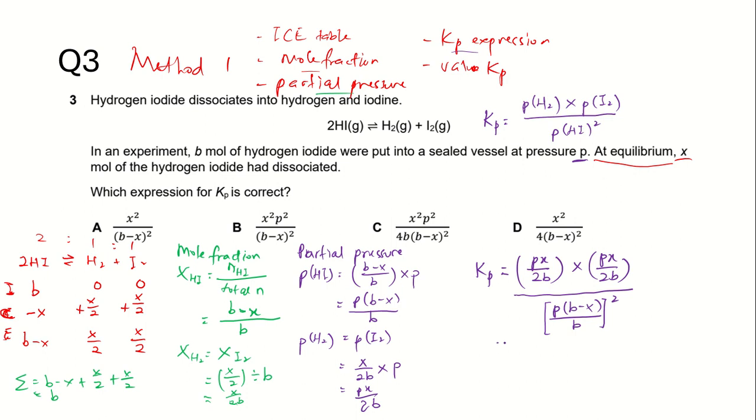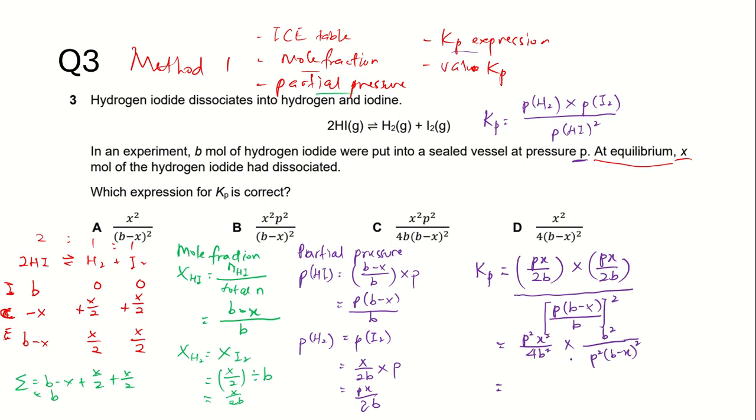All right, now I'll get P squared X squared divided by 4B squared for the numerator. Now, at the denominator part, P squared (B minus X) squared, then here will be B squared.